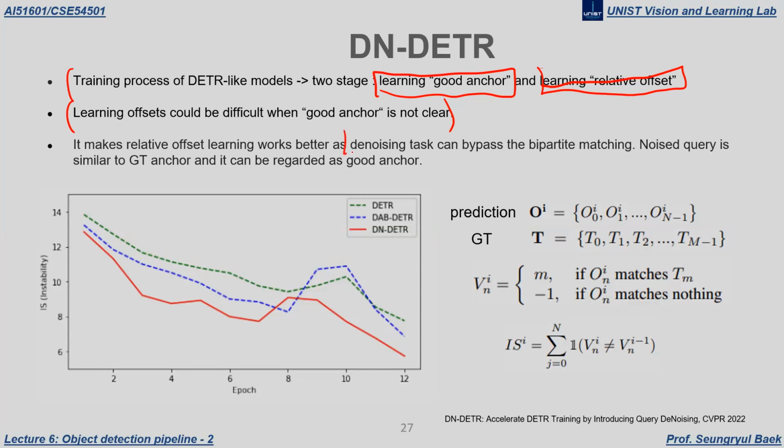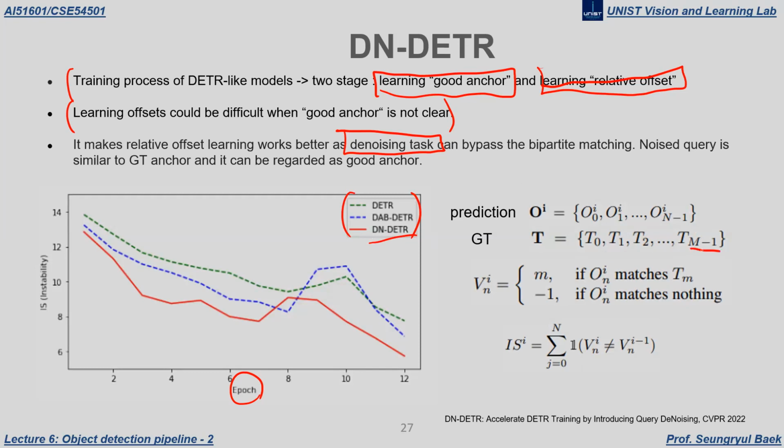By involving some denoising task in the middle of the DETR training, they are arguing that the training becomes more stable. So this is the graph drawn for three types of DETRs: the original DETR, Deformable DETR, and DN-DETR.